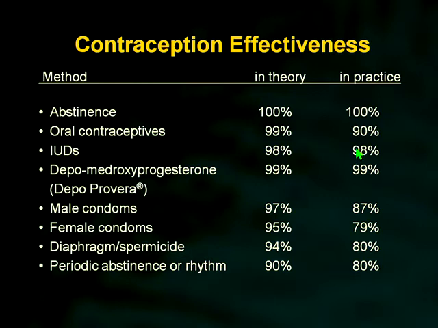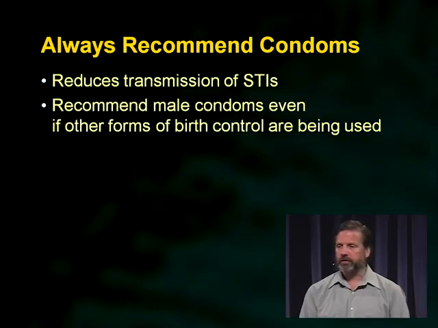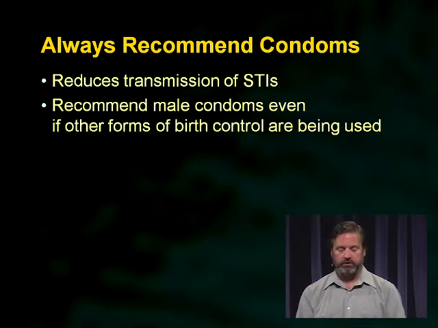And the reason is because the patients forget to take their pill. So you can see that there are a variety of methods that are available to patients. Patients need to be informed of their choices, and you need to help them pick an appropriate choice. Always recommend condoms in every situation, regardless of whether other birth control is used or not. It helps reduce the transmission of sexually transmitted infections.